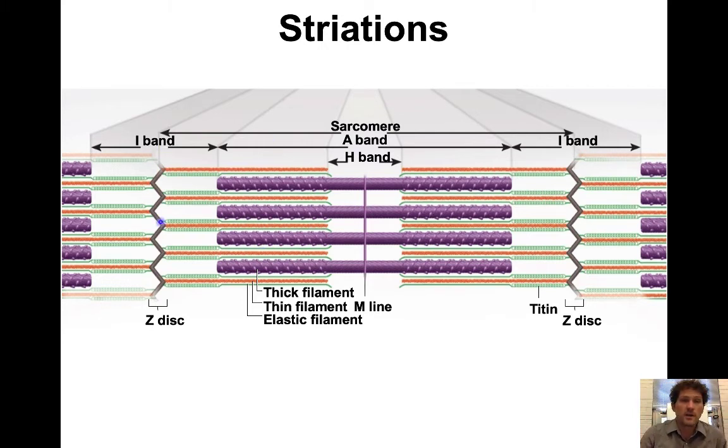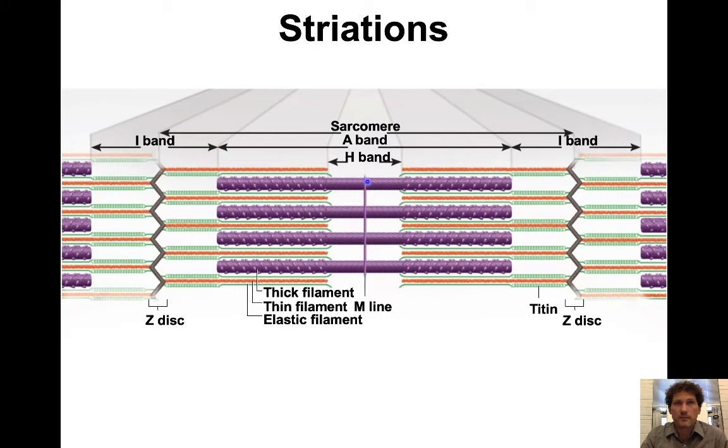Our Z disc is out here on the periphery, and our sarcomere runs in between those two Z discs. Now, you can see that this thin filament is connected to that Z disc, and in the middle here, we've got our thick filaments that are connected along this M line.